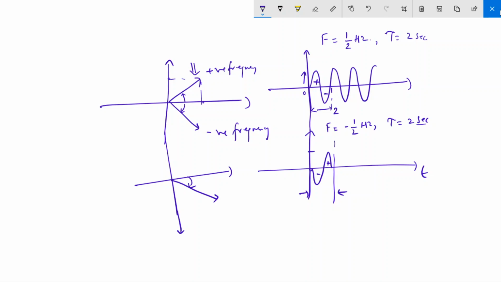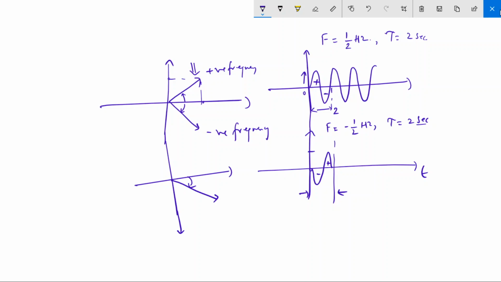So if we shift this by pi, you will get this signal. So negative frequency does not have any physical significance, but it simply means that the phasor which is generating this sine or cosine function has a direction of rotation opposite to that of a positive frequency. So when you analyze frequency in terms of phasors, we use the concept of negative frequency.